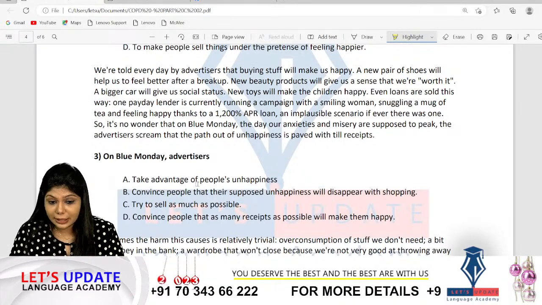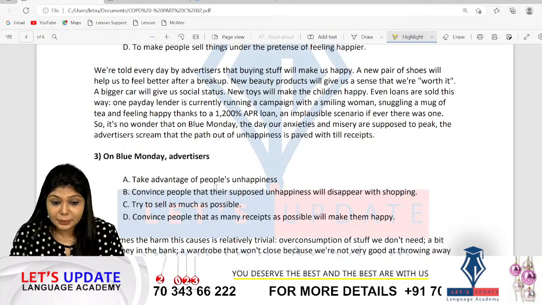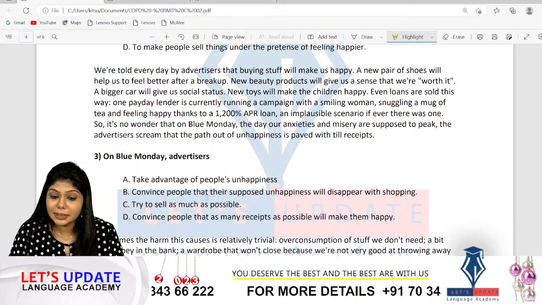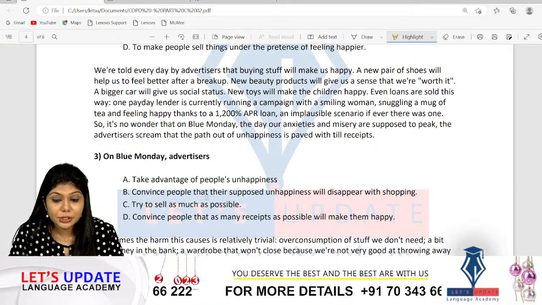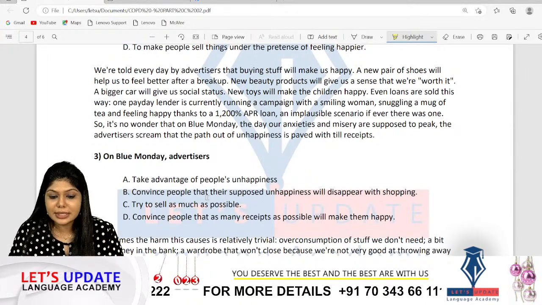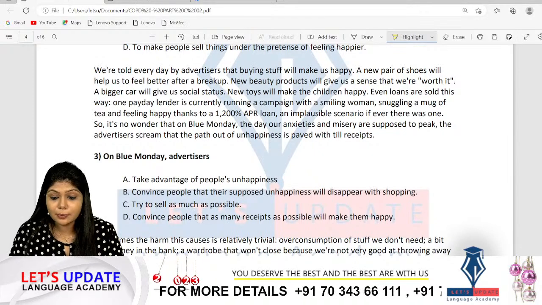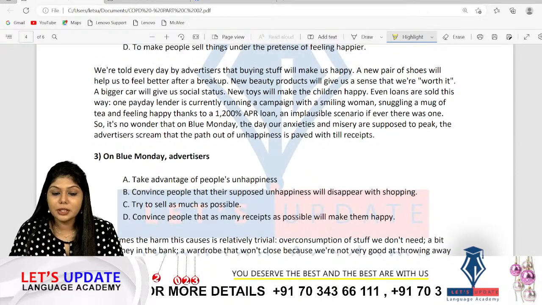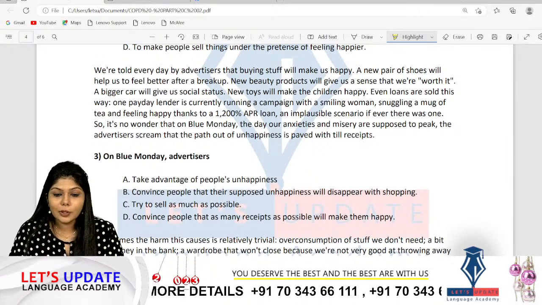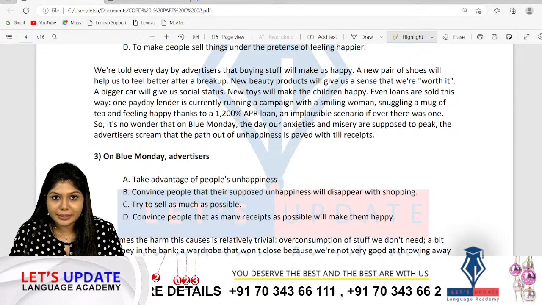Option A is take advantage of people's unhappiness. Option B is convince people that their supposed unhappiness will disappear with shopping. Option C is try to sell as much as possible. And option D, convince people that as many receipts as possible will make them happy. So these are the options. Please have a look at the paragraph, read the paragraph.